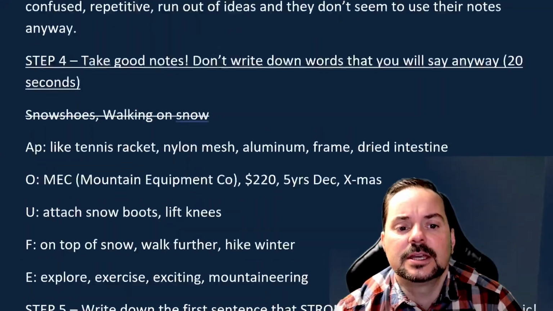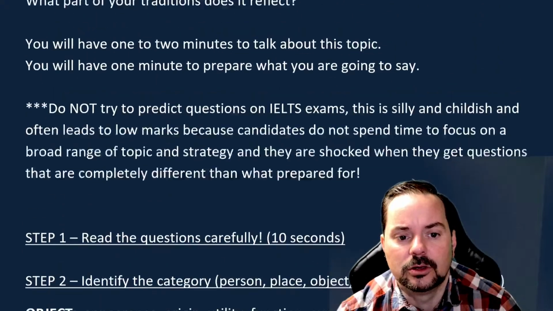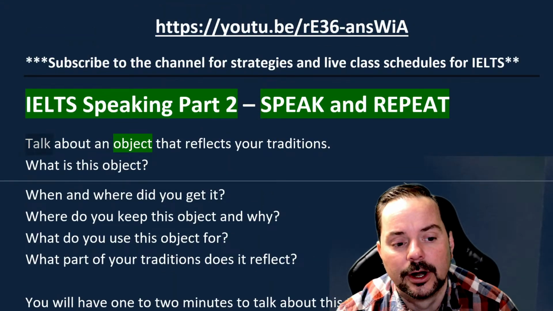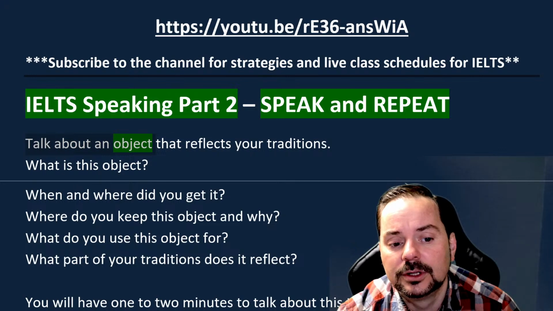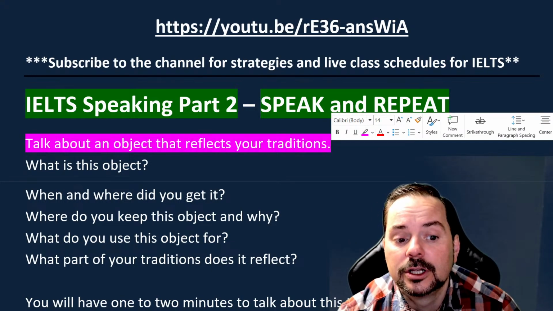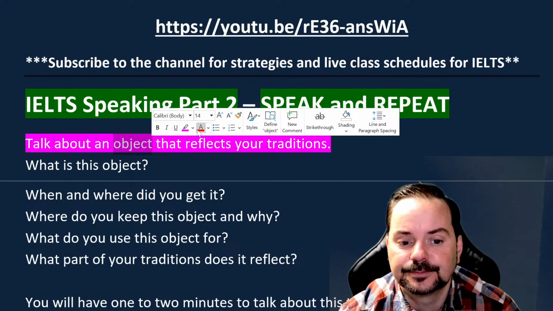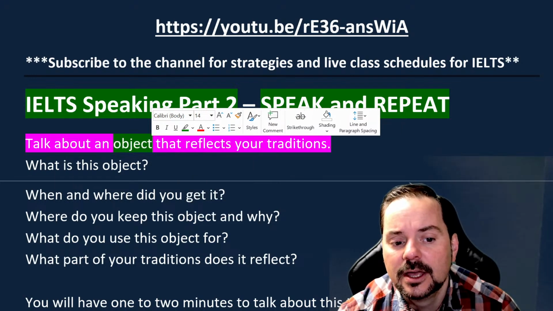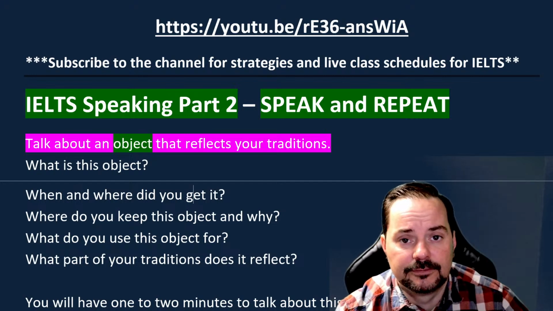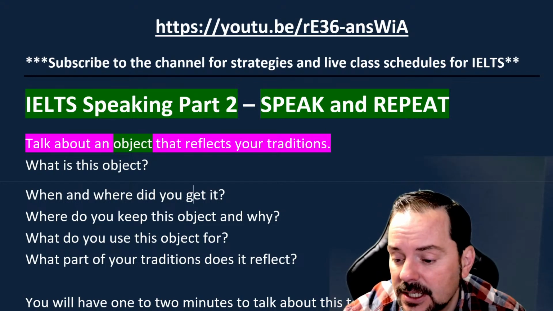That's where the examiner, the person who's marking you, is going, okay, this person clearly read this cue card and understood that their goal is to talk about an object that reflects their traditions. That is definitely a good way to save yourself a half a band or a full band score in the IELTS speaking.